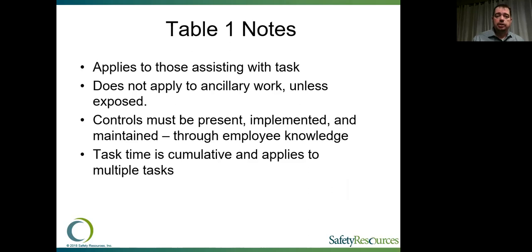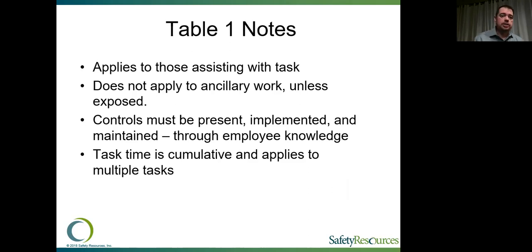With that, if there's anybody that is assisting them with that task, normally we're going to see that, let's say, at an elevated surface, whether it's in a lift or some type of a platform, and there's somebody else there directly with them helping them out, all of those requirements are also going to apply to those that are assisting.